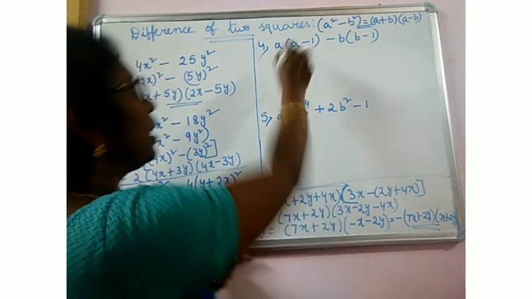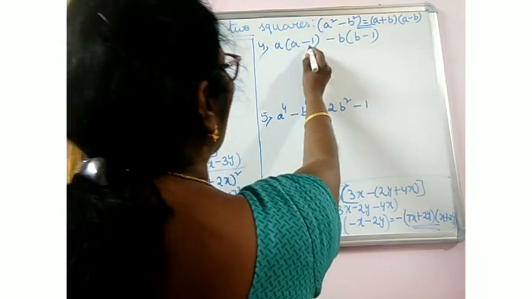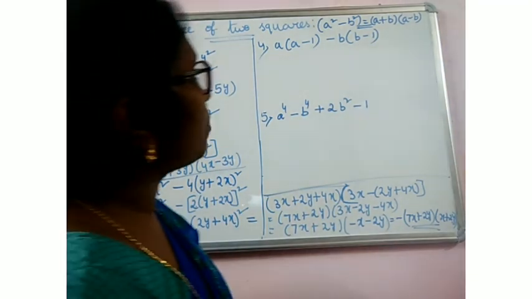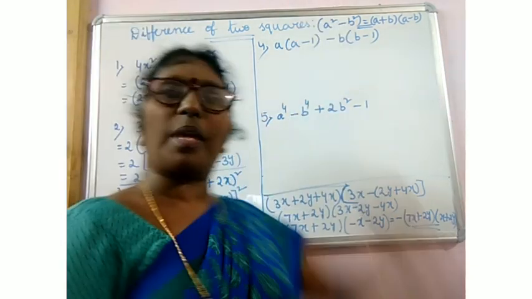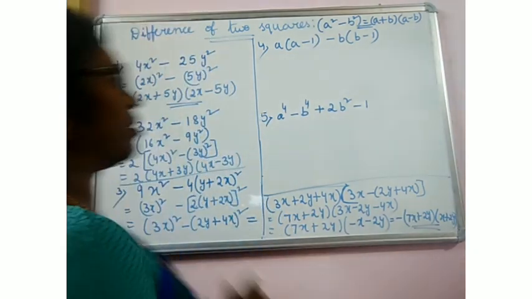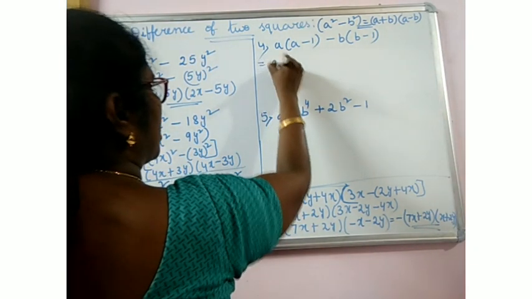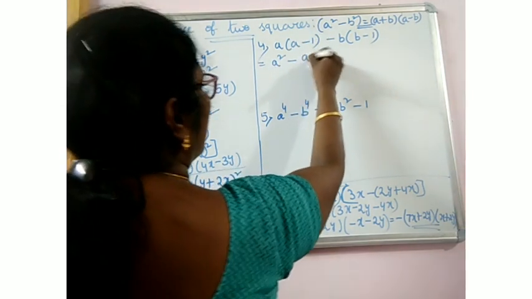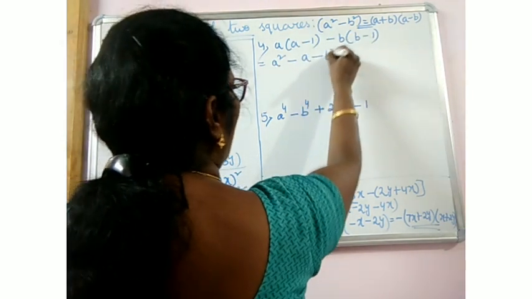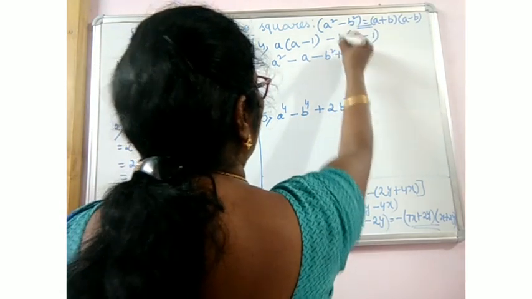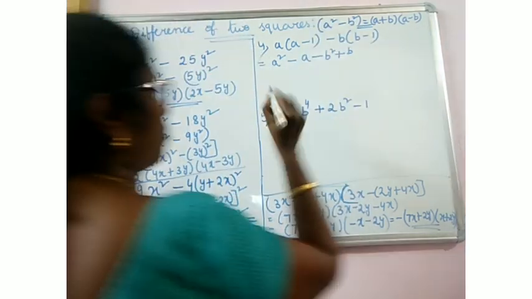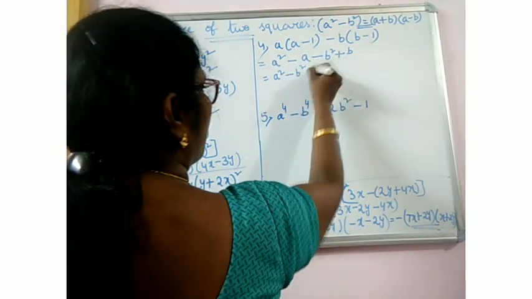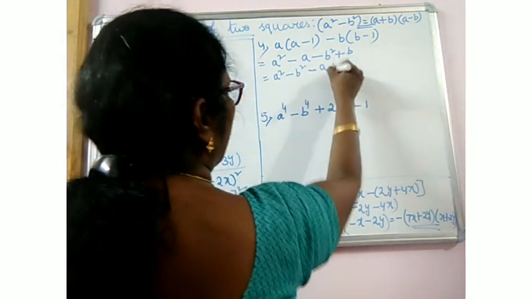After this I have done here. Okay. Now let me do this. A into a minus 1 minus b into b minus 1. Here a minus 1, here b minus 1. No common factor, so let us open the brackets. A into a is a square minus a, minus b into b is b square, minus into minus is plus b. Now a square minus b square minus a plus b.